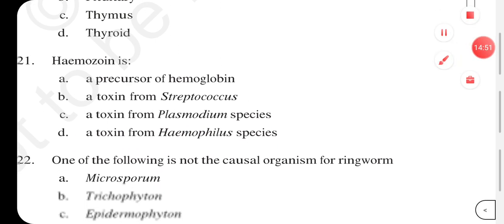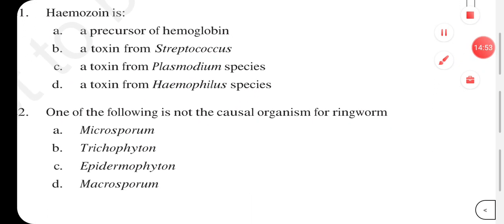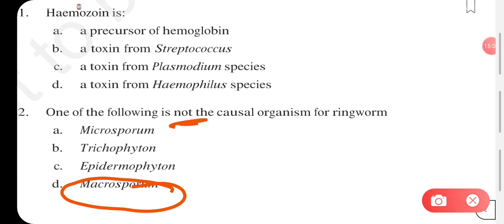next one. Which of the following is not the causal organism for ringworm? Microsporum, Trichophyton, Epidermophyton or Macrosporum? Here the answer will be Macrosporum is not the causal organism.